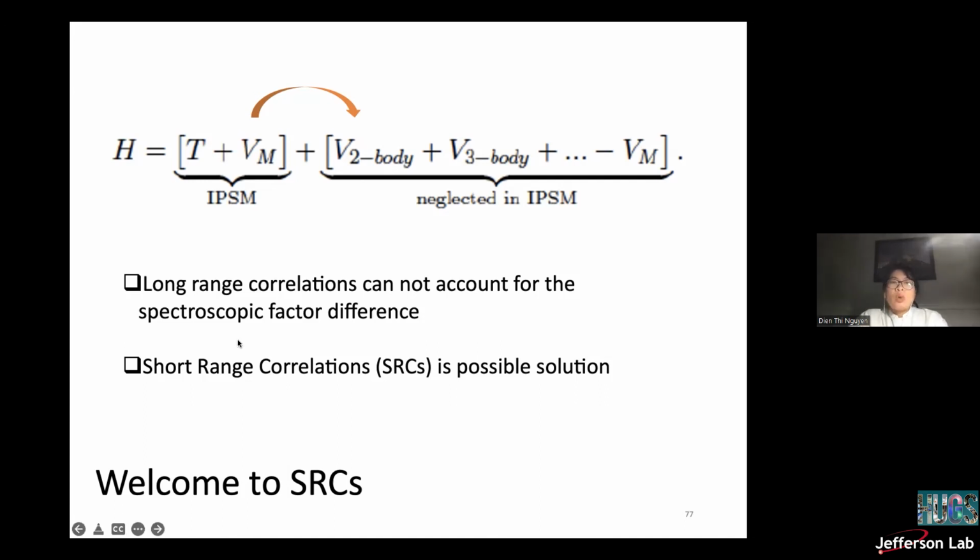So the next one we want to account for is the short-range correlation, and that can be one possible solution to account for the difference between the shell model and what we measure from the data.